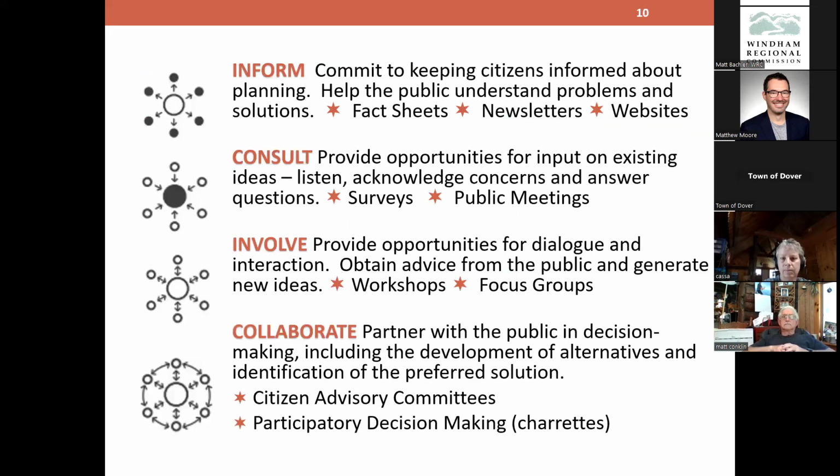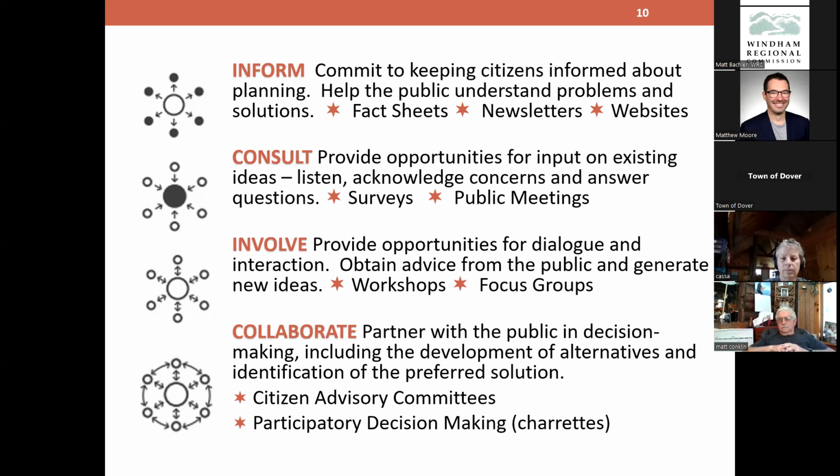And when it comes to engaging in the planning process and public engagement, there are different levels of public engagement outlined on the slide here. So just to go through those, the first level of engagement is informing, and this is keeping residents informed about the planning process.